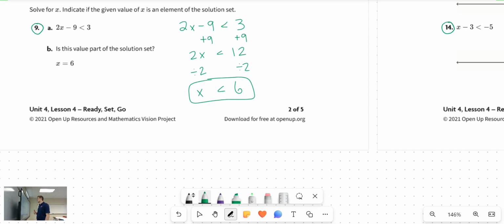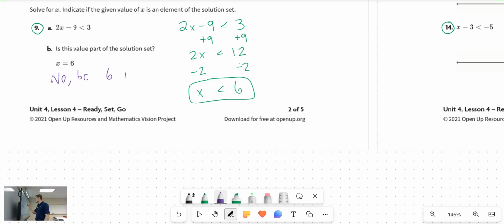And is the value part of the solution set? Is x equals 6 in the solution? No, because 6 is not less than 6, right? Let's actually just write it as a word.